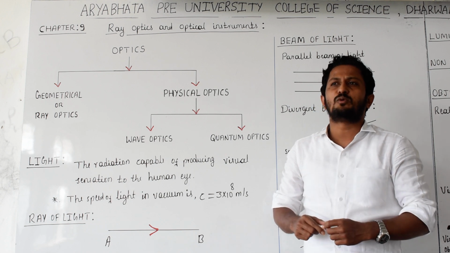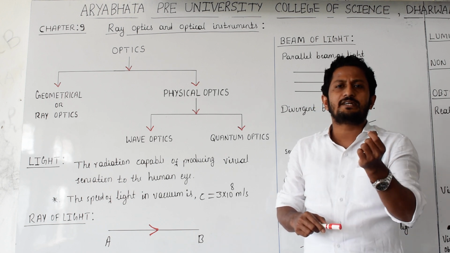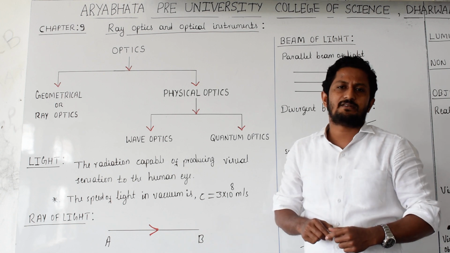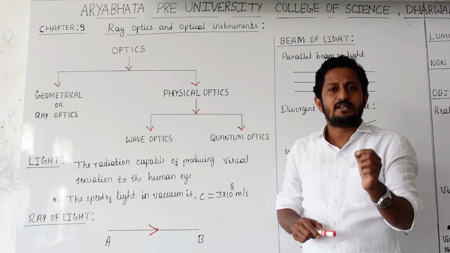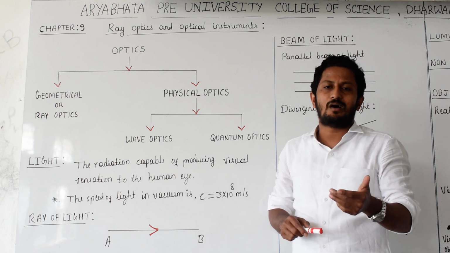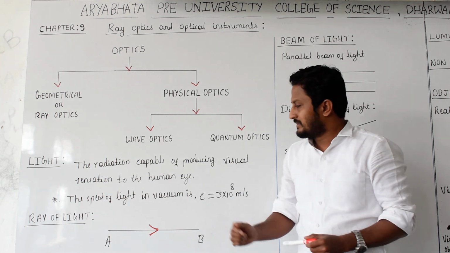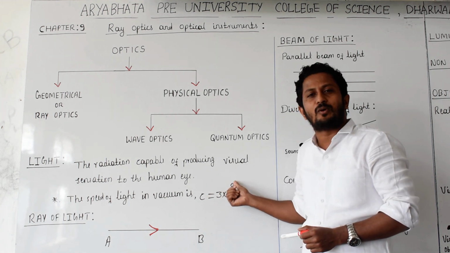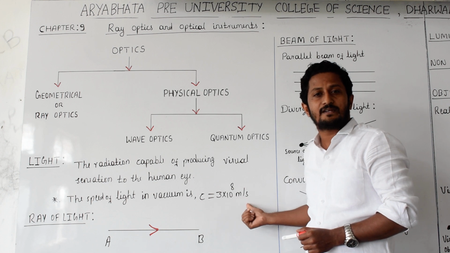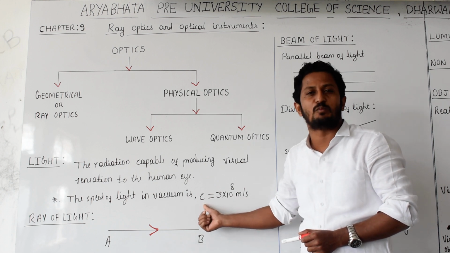Then next, one more thing is there, the speed of light. The speed of light in vacuum or air is 3 into 10 to the power of 8 meter per second. Here I use the symbol small c.